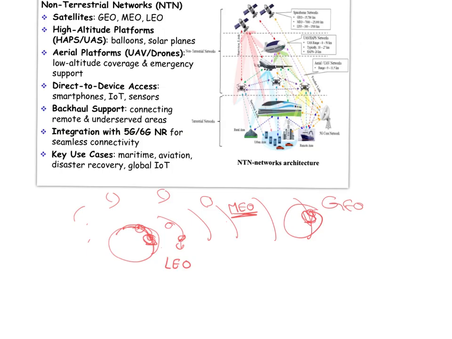One of the very motivating applications is disaster sites, because during disasters the infrastructure is damaged. If you have an earthquake or a flooding or something like this, you don't have infrastructure. So satellite communication becomes the main solution. But you need high data rates.